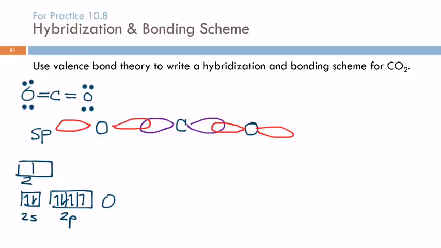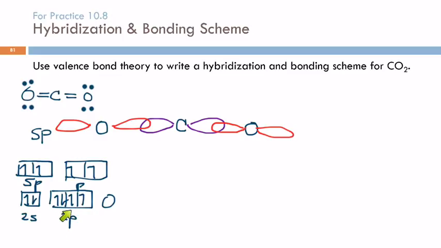The carbon's going to have sp and unhybridized p orbitals, right? So it's going to be 1, 2, 3, 4. So this is our two sp orbitals, this purple one and that purple one. They're going to overlap with p orbitals of oxygen.